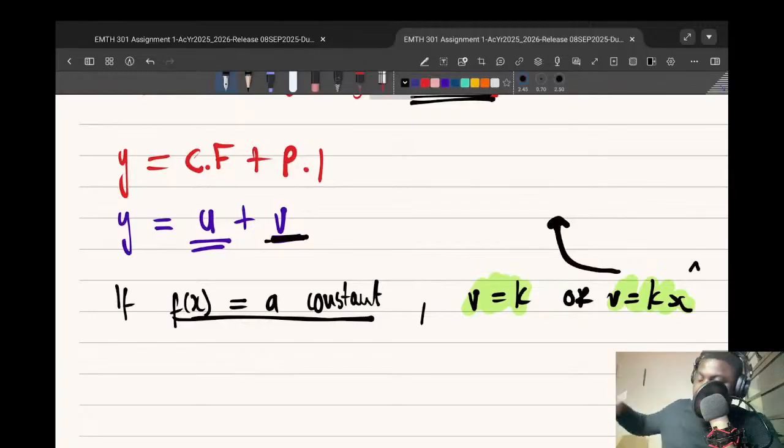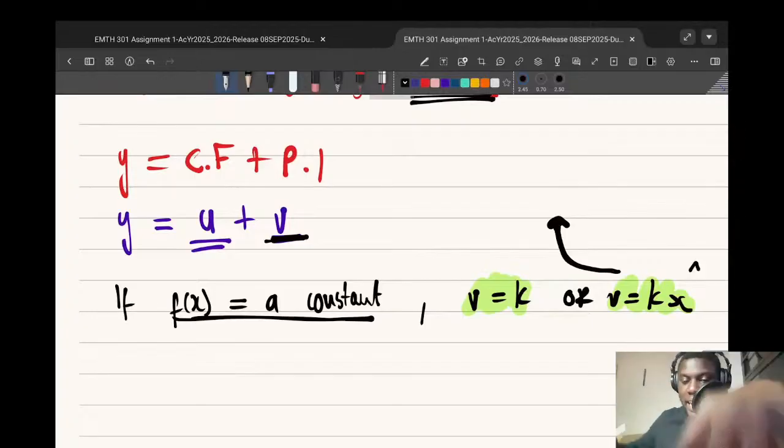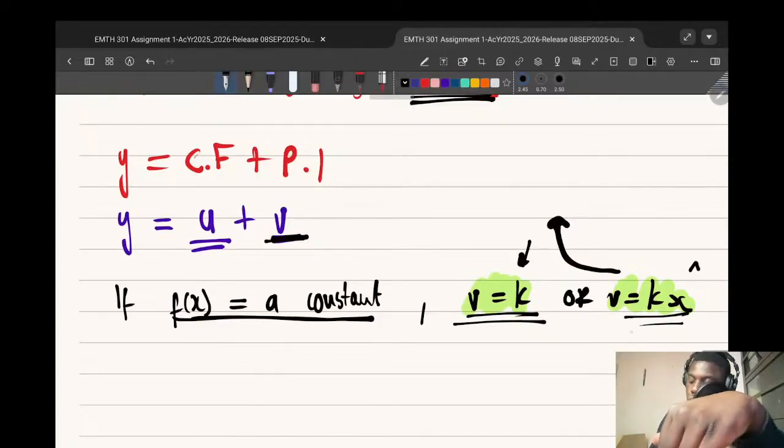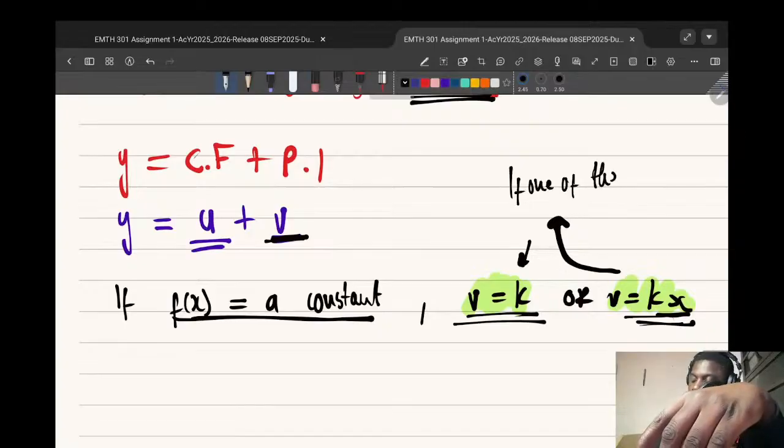If this other side is a number, a 5, a 7, a 9, an 11, a 10, then for your v, which you are going to look for, you remove v and you put a k, or you remove v and you put a kx. When do you put a kx? If one of the m's is 0.